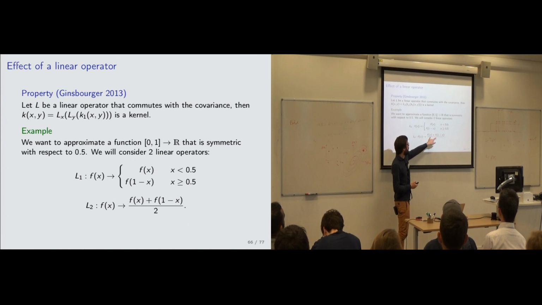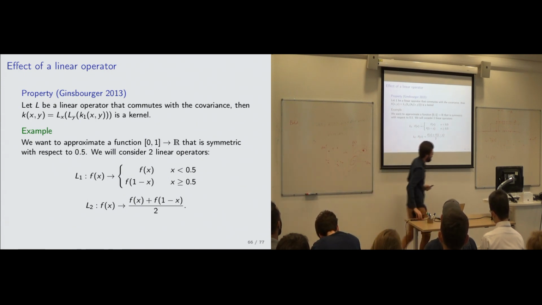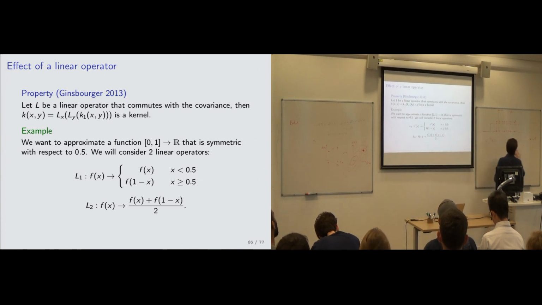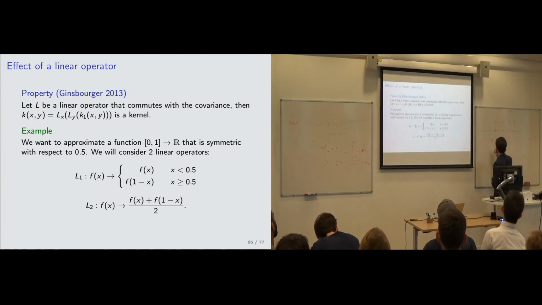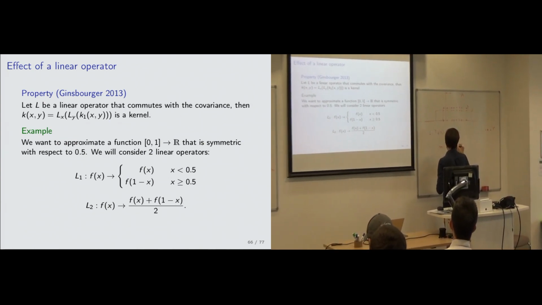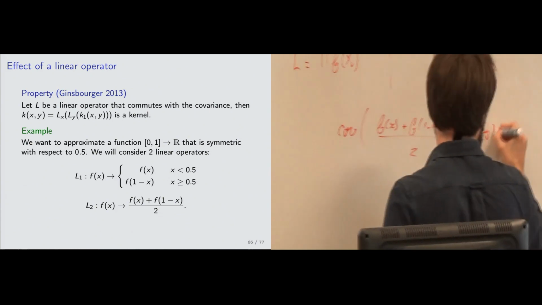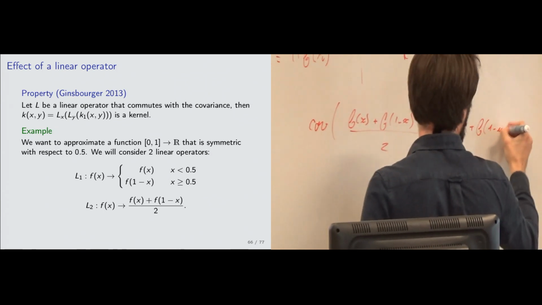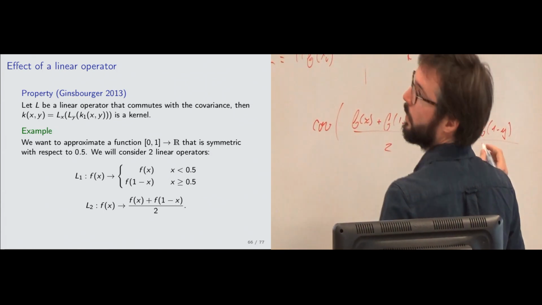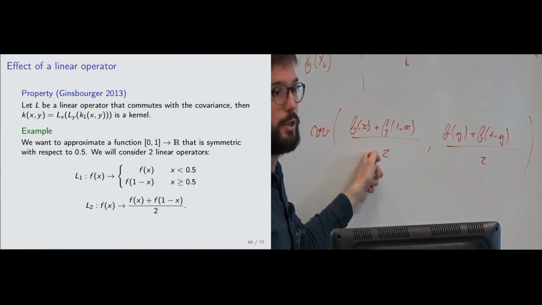Here, for example, consider this guy. So that's L of f, right? If you have the covariance between L of f and so on, the covariance of a sum is the sum of the covariances.